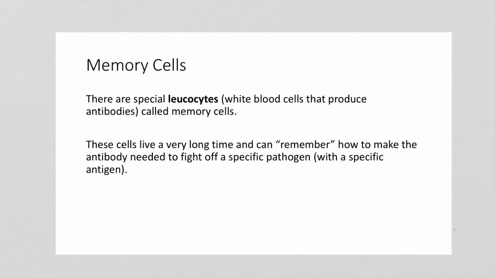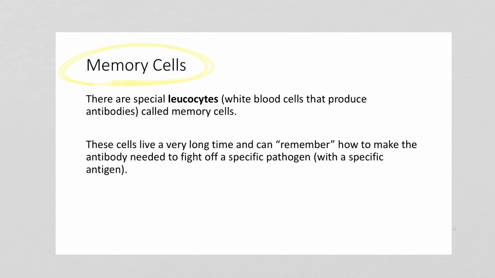The last and really important thing is the memory cells, okay? Memory cells are super important when it comes to immunity, super important when it comes to vaccines. They're special leukocytes, the white blood cells that make antibodies, and they live for a long time and can essentially remember how to make the antibody for a specific pathogen.